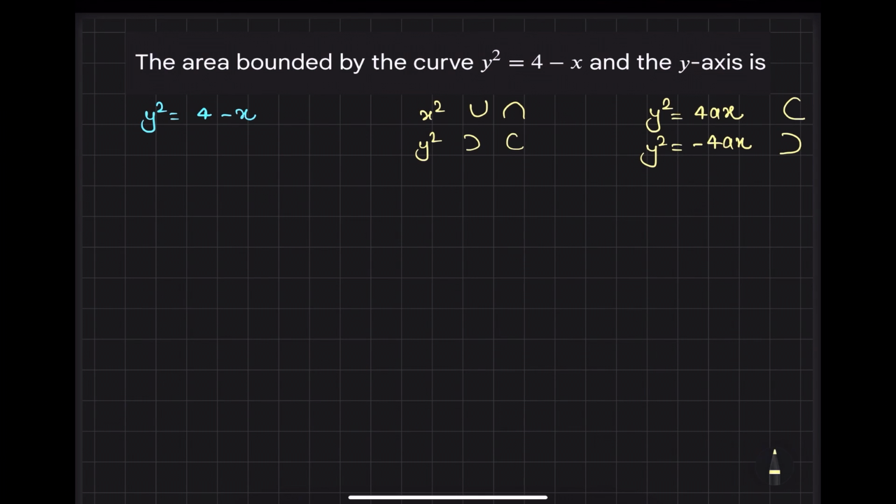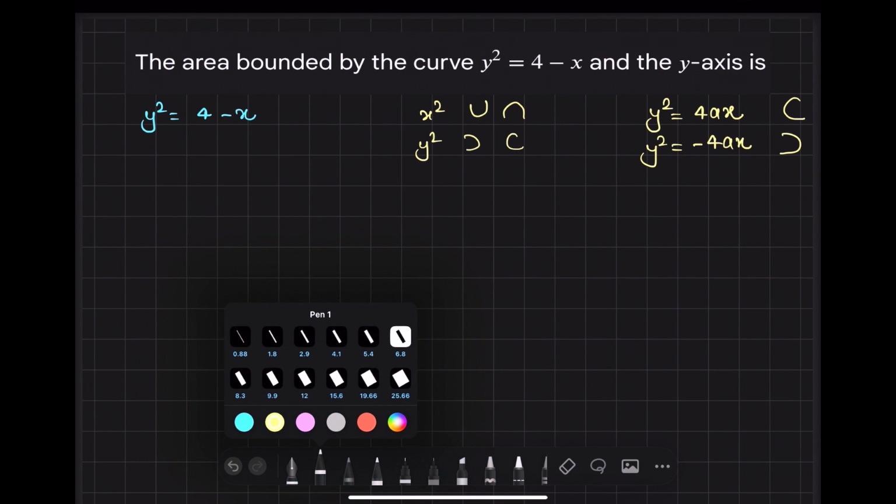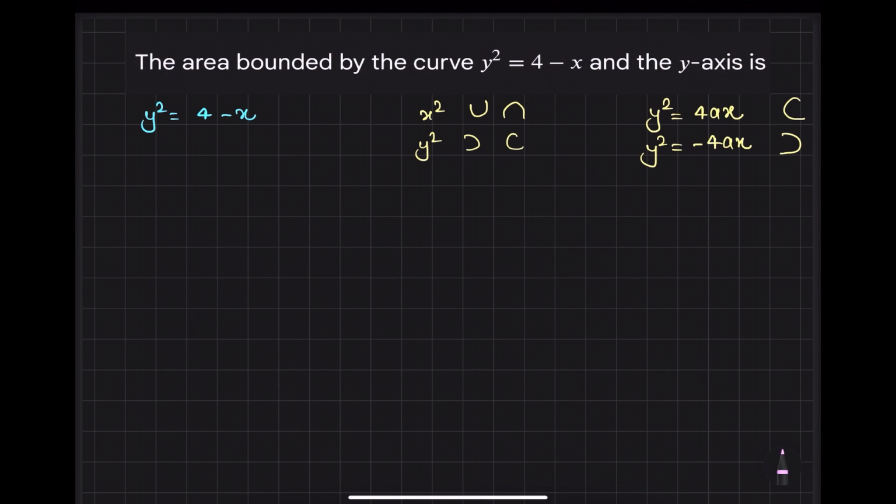If you observe here, we have y square is equal to minus of x minus 4. So your function will be a left side opening parabola.